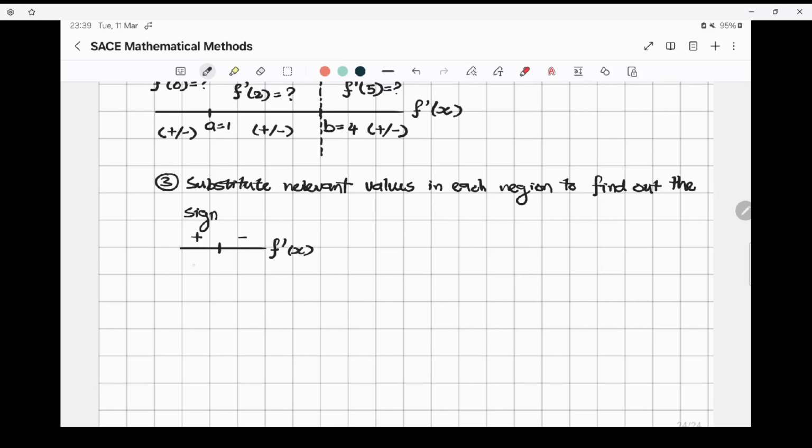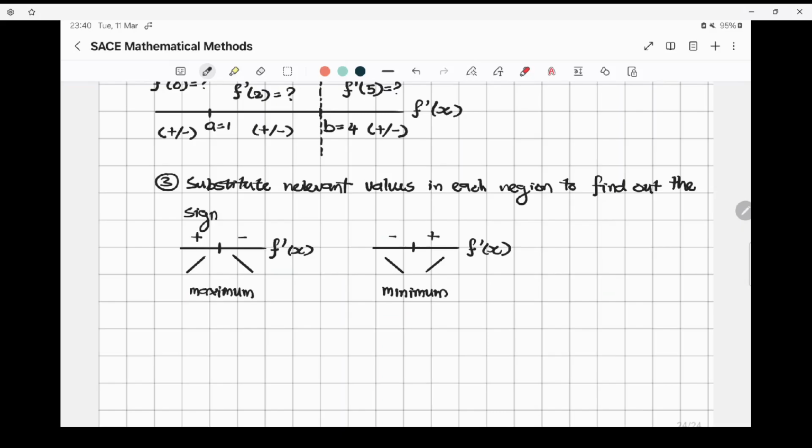So positive means increasing, negative means decreasing. So this is a typical sign diagram for a maximum point. Whereas for a minimum point, it marks the change from decreasing to increasing function. So this will be decreasing and then increasing. So this is a minimum point.